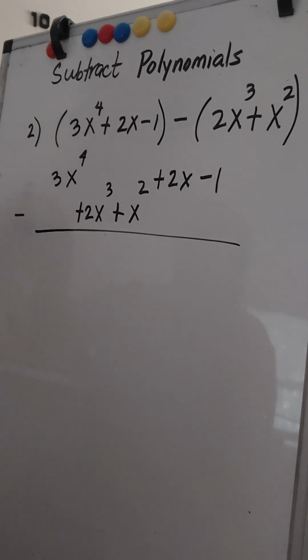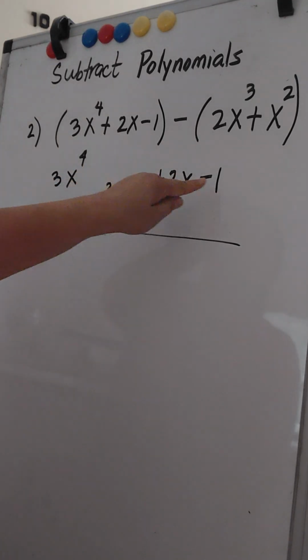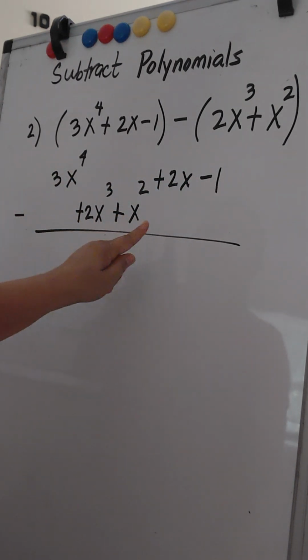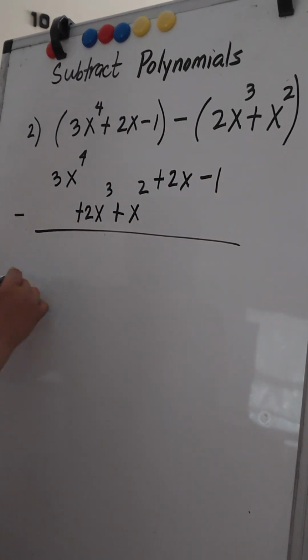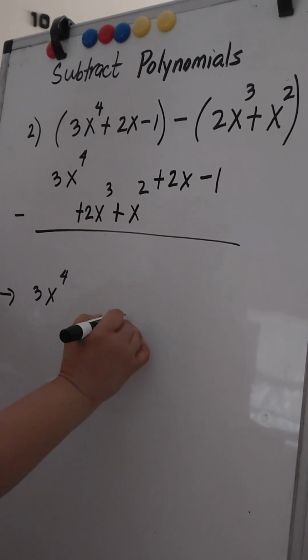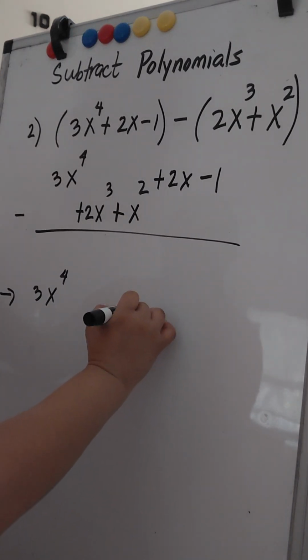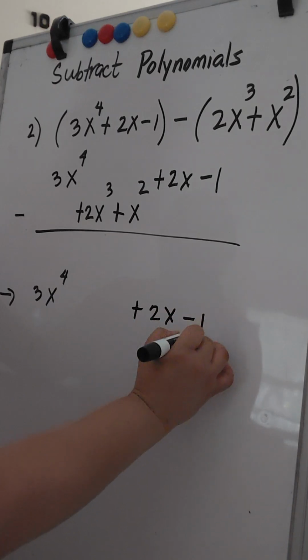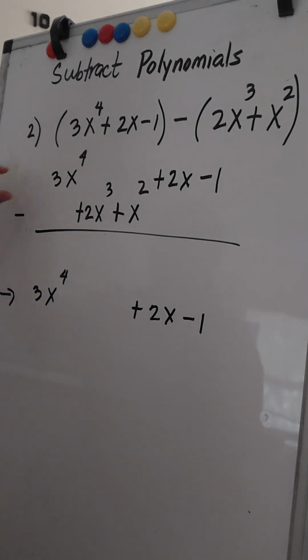Next, these are all our minuend and subtrahend. Again, we have 3x to the fourth power, 2 spaces, so plus 2x minus 1. Okay, our minuend, nothing will change in the signs.